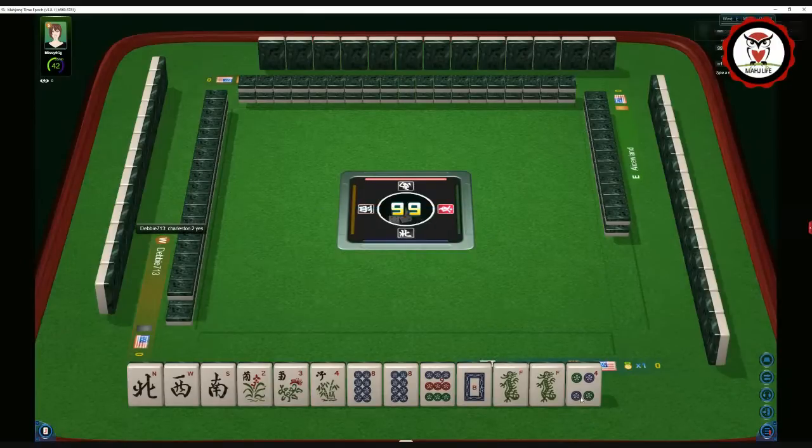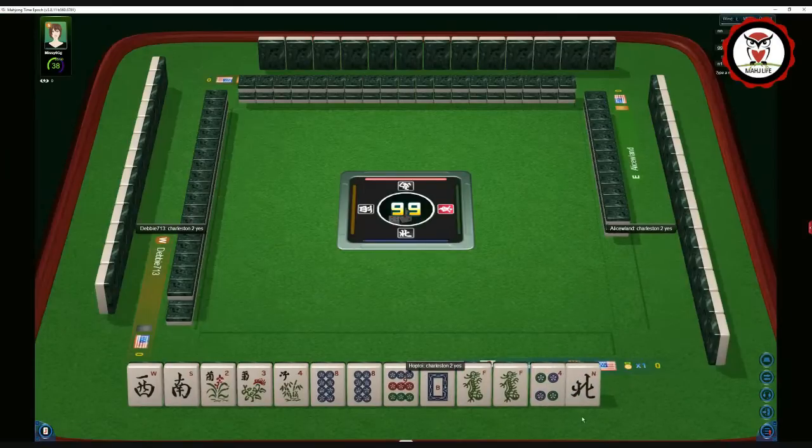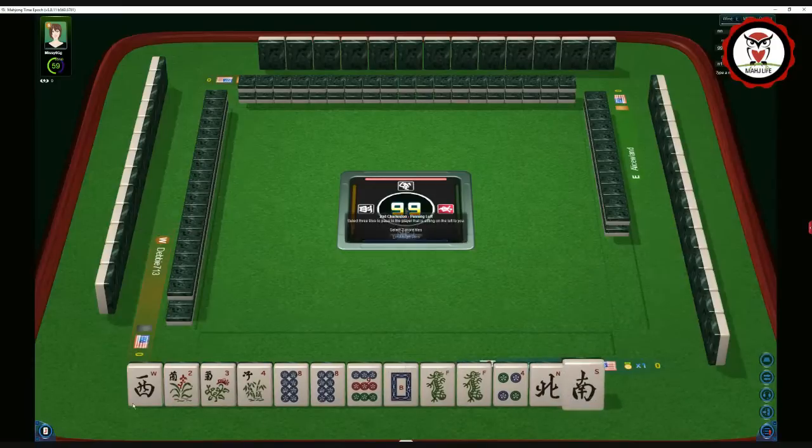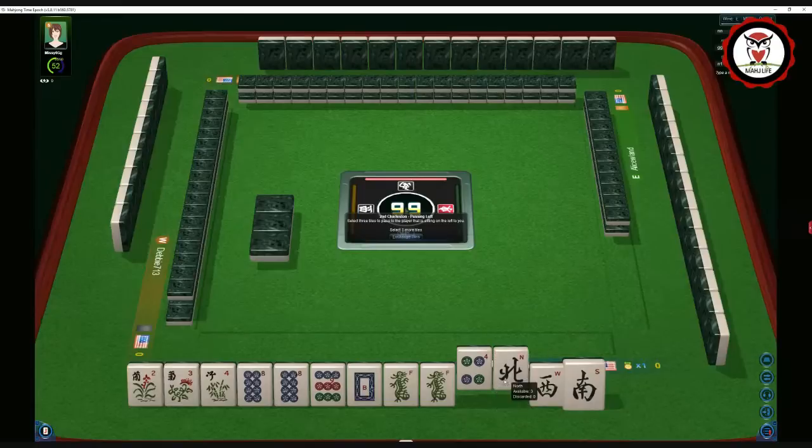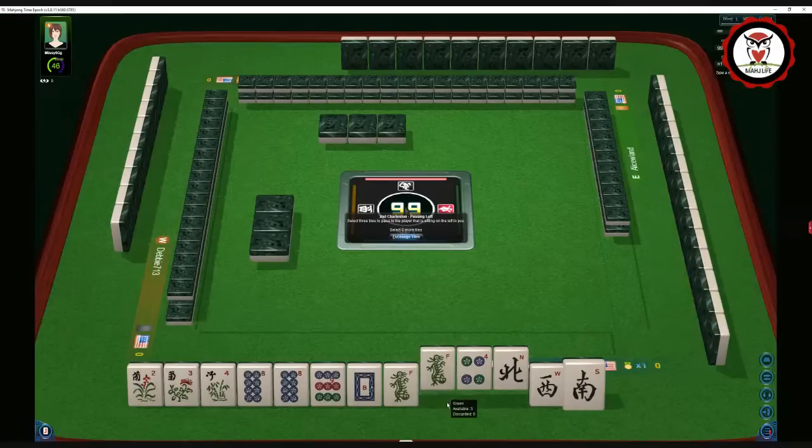We definitely want to keep going. Okay, I think we need to let the winds go. Somebody is keeping winds though, so we need to be careful and just let one go at a time. So 4 dot north, and then we'll let the dragon go.